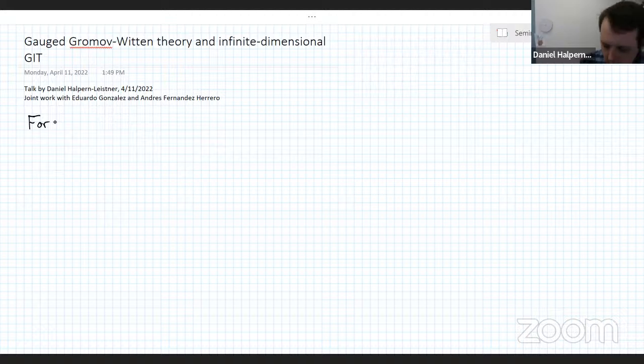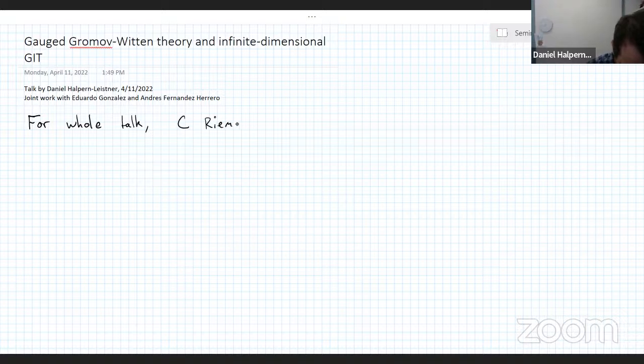For the whole talk, we're going to work with a Riemann surface C over the complex numbers. Just for simplicity; in actuality, it's more of an EGA style thing. It works for smooth families of curves, but it's clearer to think about it this way.